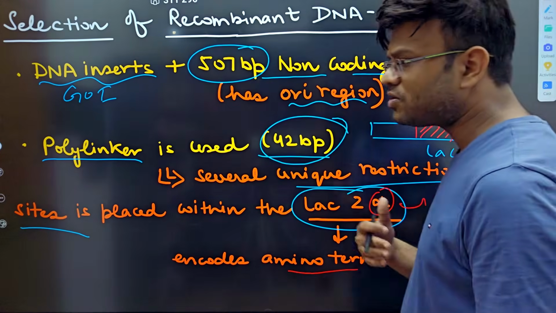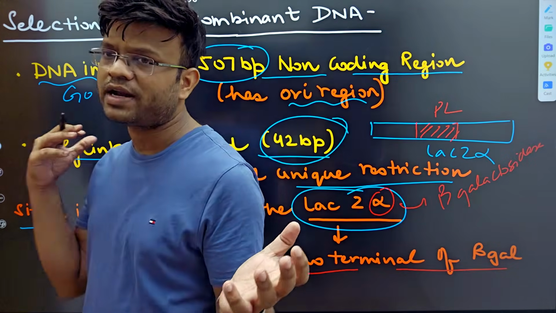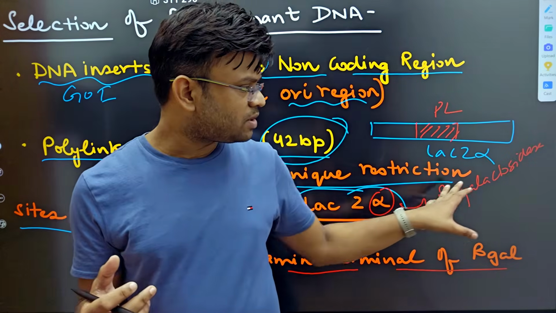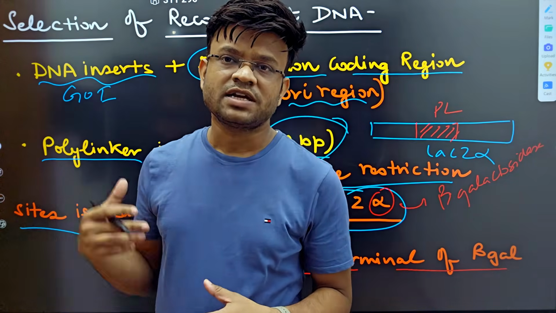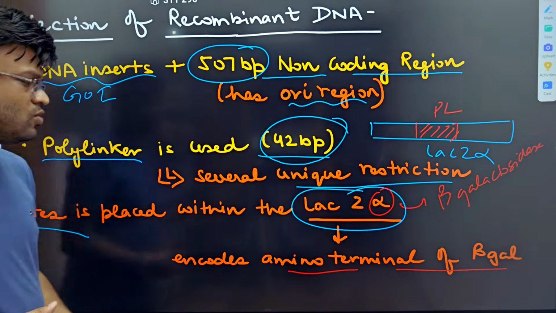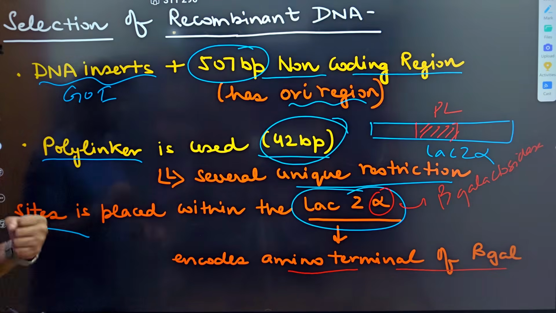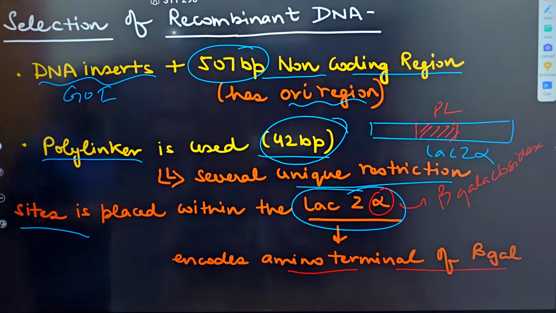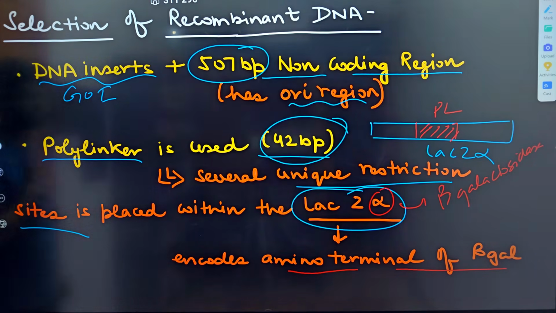Now you would be knowing that all the proteins have an amino terminal and a carboxy terminal. So the amino terminal of beta galactosidase is basically coded by this LAC-Z alpha gene. Okay, hopefully you would have understood this. Let us move forward. You can take a photograph of this.